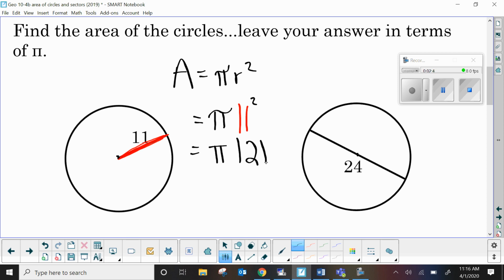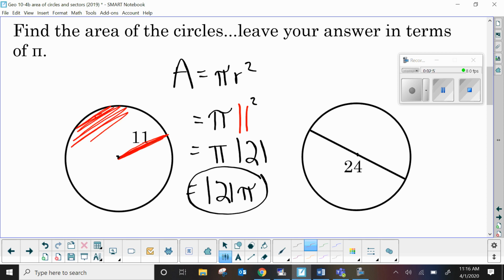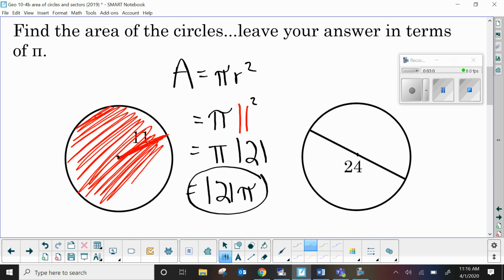We never leave it as pi 121; we always rearrange it and make it 121 pi. That is the area of this circle, which tells me the amount of stuff I would need to fill in this circle is 121 pi.